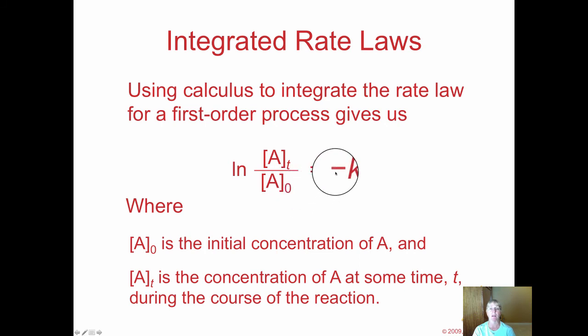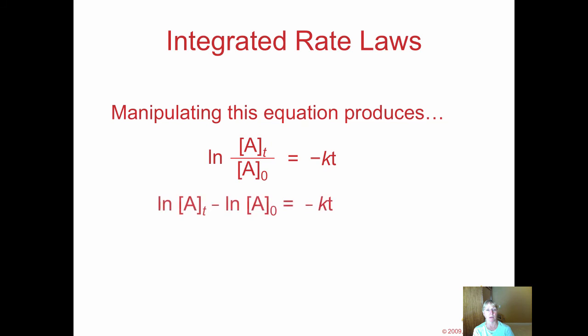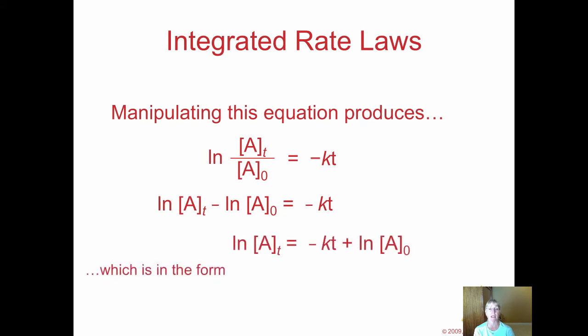That's equal to the negative of the rate constant times the time. Now I know this looks new to you, but you'll get comfortable with it. Mathematically, you can manipulate that equation, and I don't need you to worry about the derivation at this point, but eventually you get an equation that looks like this. And hopefully it looks familiar to you.